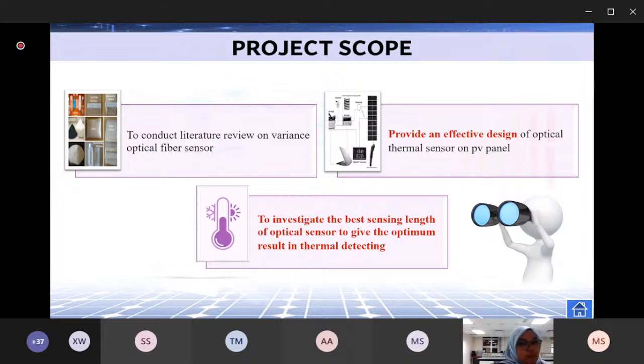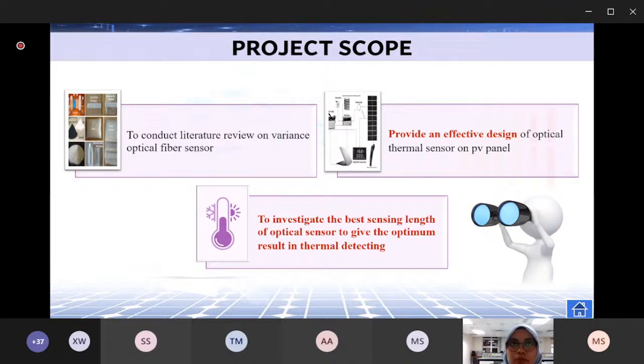This is my project scope. The first one is to conduct a literature review on various optical fiber sensors. Optical fiber is nowadays quite well known to be used as a sensor, because its structure and characteristics are very sensitive towards disturbance.